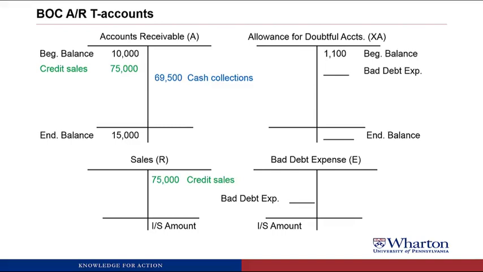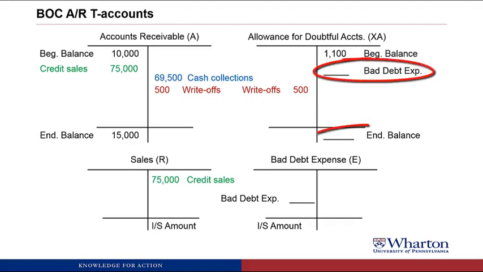So it's a reduction to accounts receivable. It's also an increase to cash. To save space, I left the cash T account off the screen. And during the quarter, they had write-offs of $500, so they reduced their accounts receivable and they reduced the allowance for doubtful accounts. Now, all that's missing is what is the bad debt expense during the quarter, and then what's the ending balance in allowance for doubtful accounts.